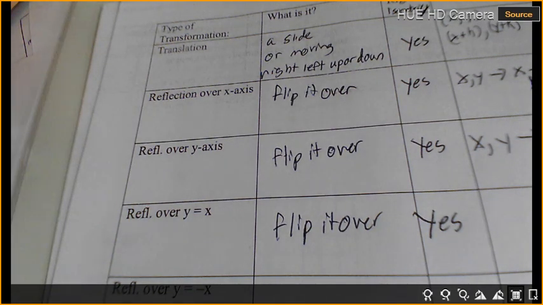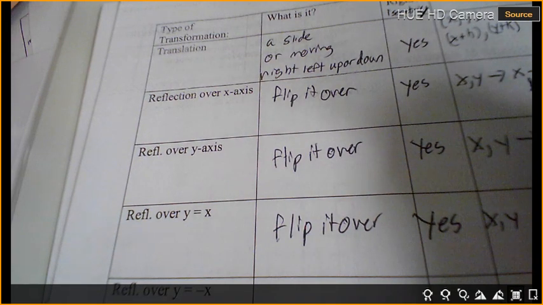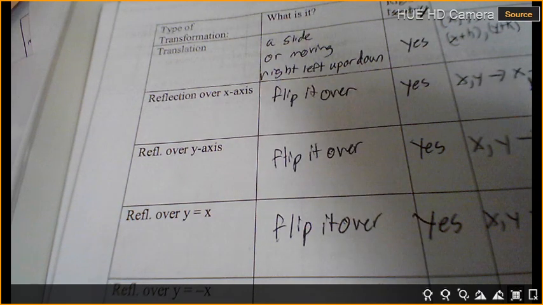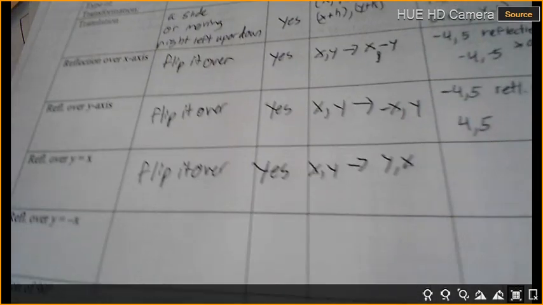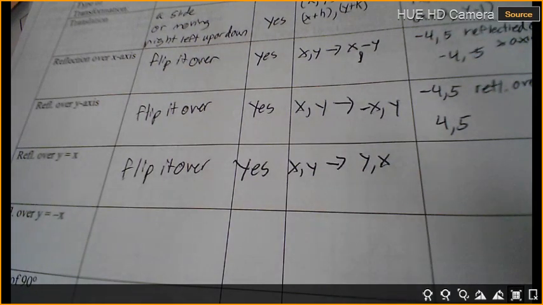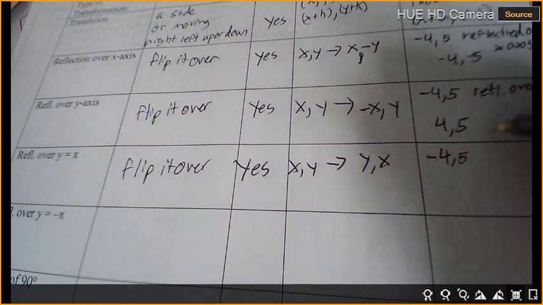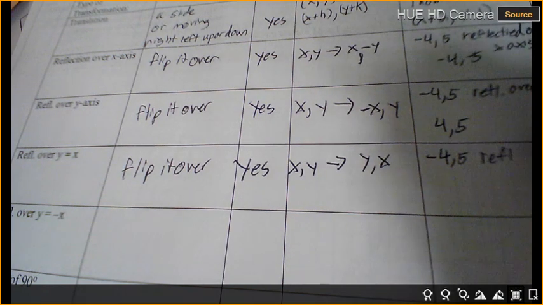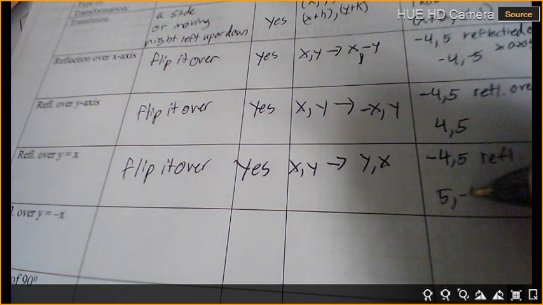So I go from x comma y to y comma x. So if, again, I stick with negative 4, 5, and I'm reflecting over y equals x, it's going to go 5, negative 4.